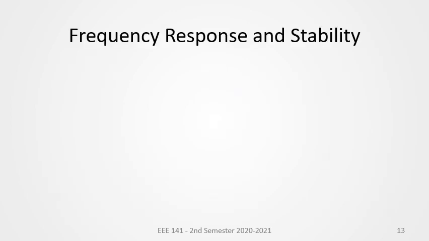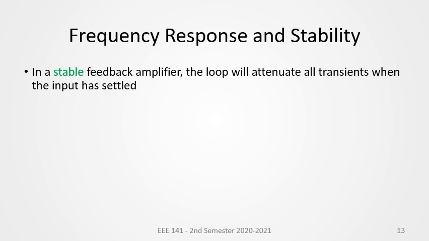Okay, so that ends our numeric example of magnitude and phase response plots. We will now relate the frequency response, both magnitude and phase response plots that we have drawn, to the stability of the system. In a stable feedback amplifier, the loop will attenuate all transients when the input has settled.